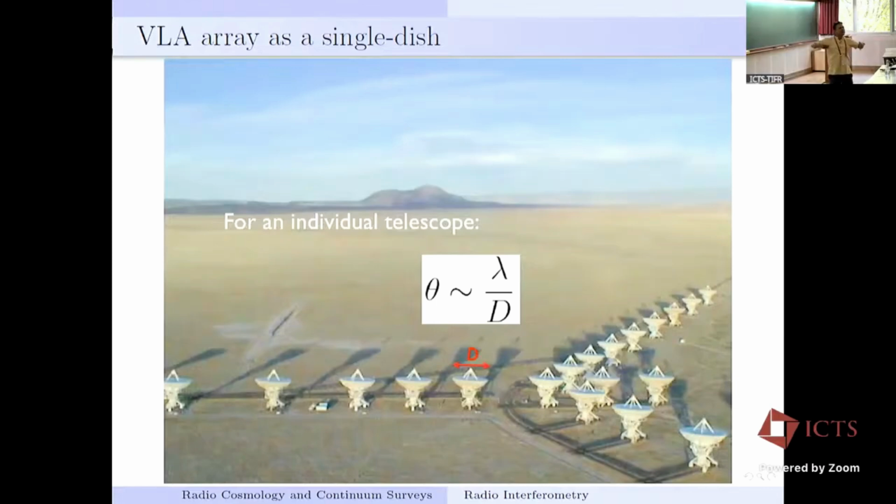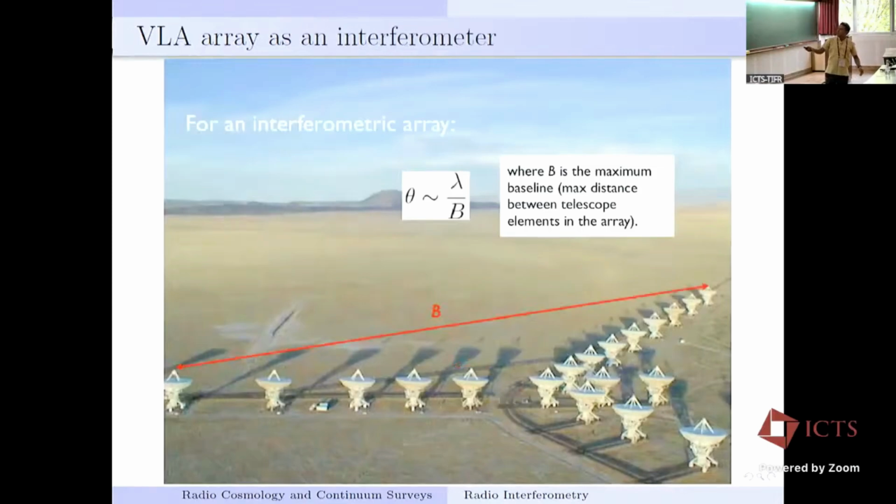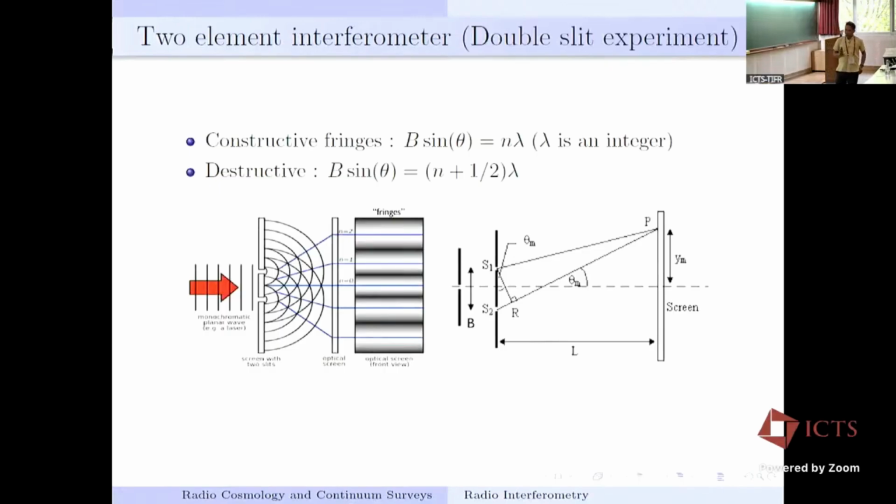Now I am building an equivalent telescope by distributing my elements over a large area. Now my resolution will be lambda by this capital D, which is basically lambda by b, the baseline length, which is from here to here. Now this at a conceptual level is okay. You guys can accept this, right? Okay. The mathematics we will do.